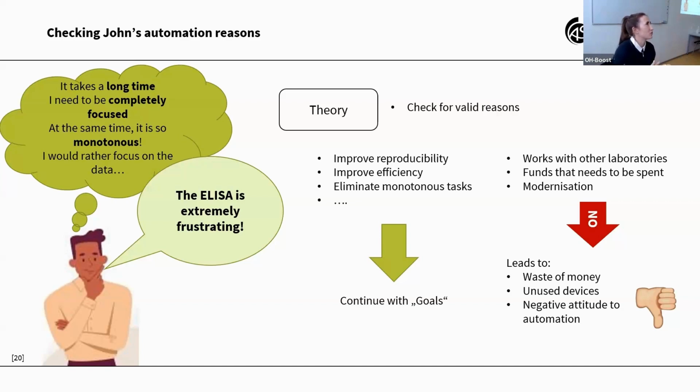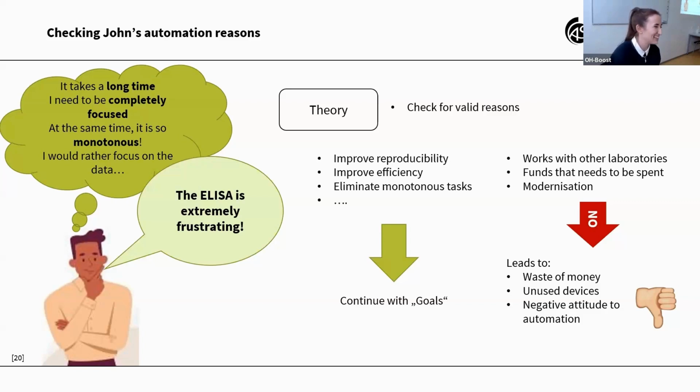In the case of, for example, electronic pipettes, that's no problem, because you can't do much wrong with electronic pipettes. But in the case of other bigger systems, you have to rethink: why do I want the system? Is it just because I want something new, or is it really beneficial for my process?